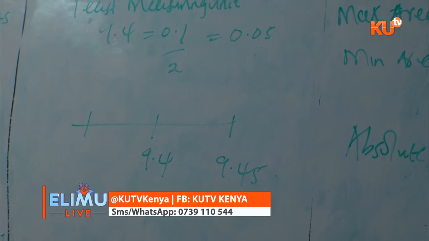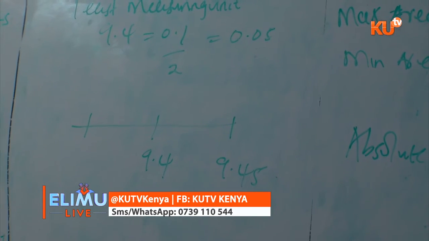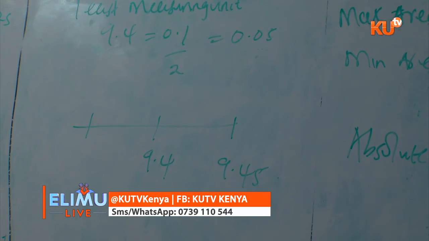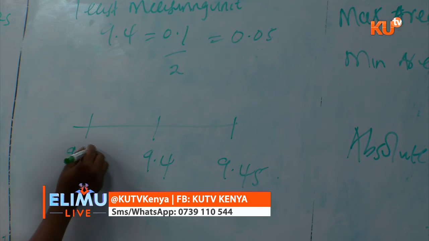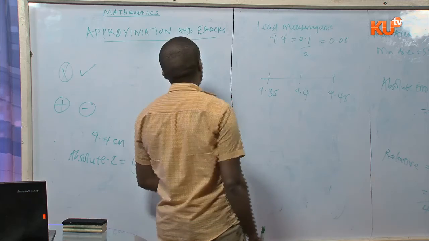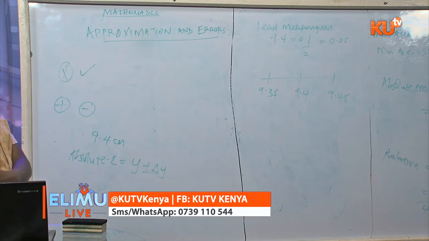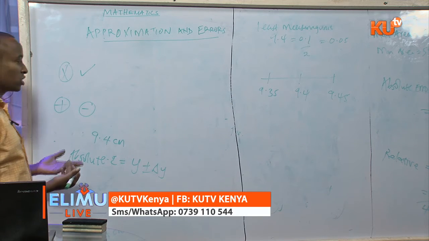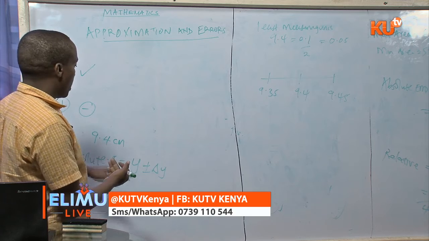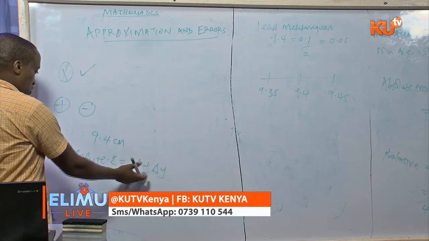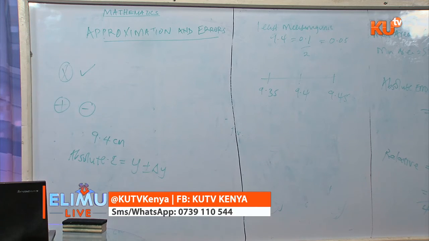Take your calculator, 9.4 minus 0.05, you get 9.35. So for those two computations, plus or minus, they are very simple. They are not complicated, because our absolute in this case remains to how we denote it, plus or minus change of y.